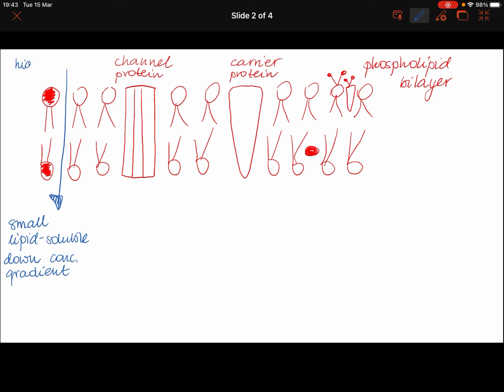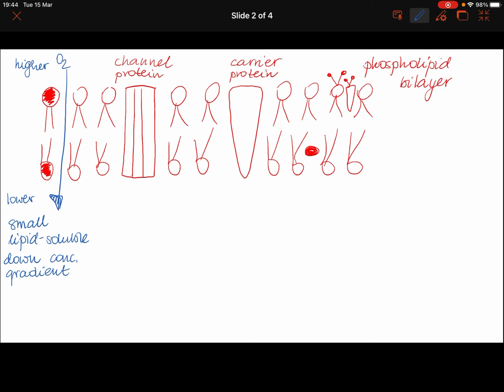It happens from the area of higher concentration to the area of lower concentration. An example of a molecule that can diffuse through the phospholipid bilayer is, for instance, oxygen.